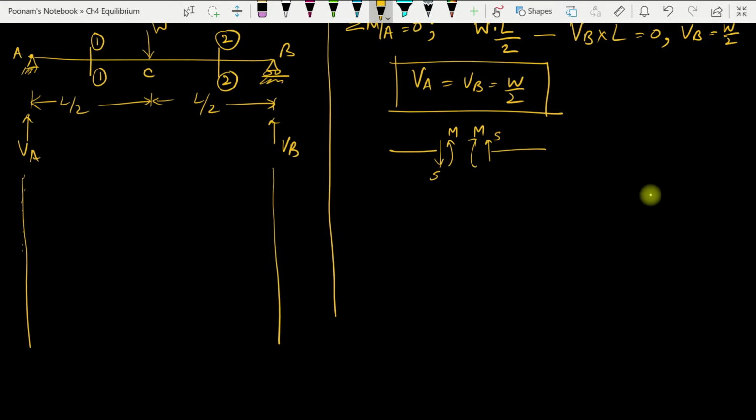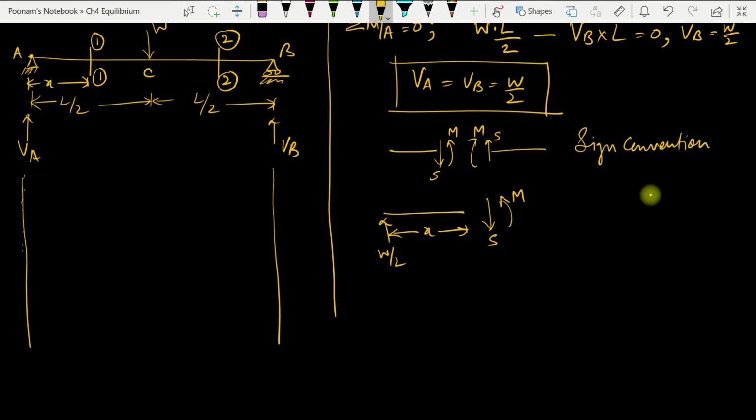Today I'll take section 1, which is from the end A at a distance of x. We can mark this distance x. So I'll cut the section. My VA is W by 2, distance is x, and I can mark my positive internal forces from the sign convention here.